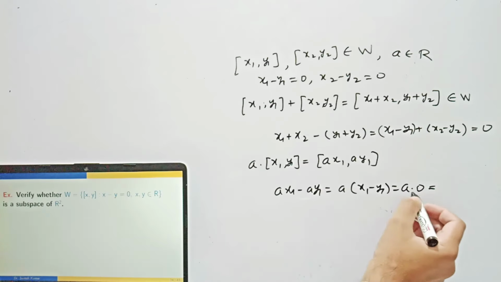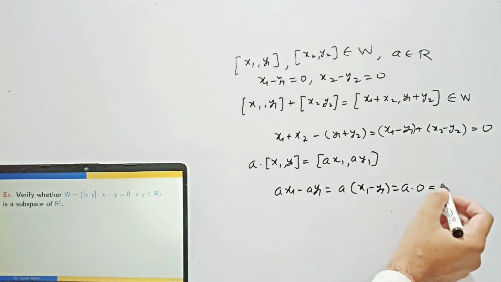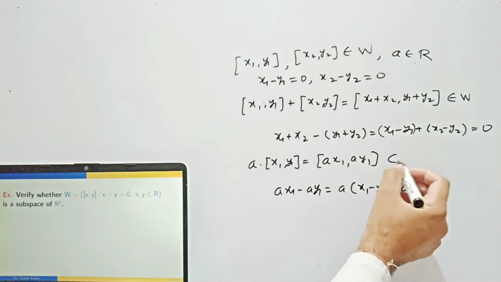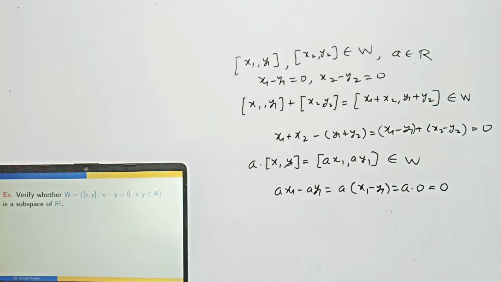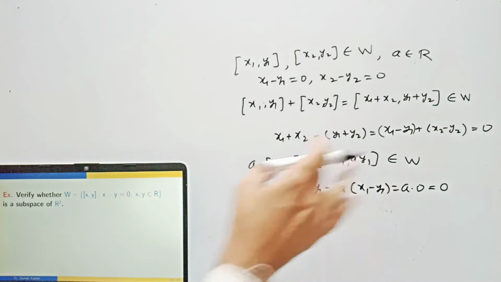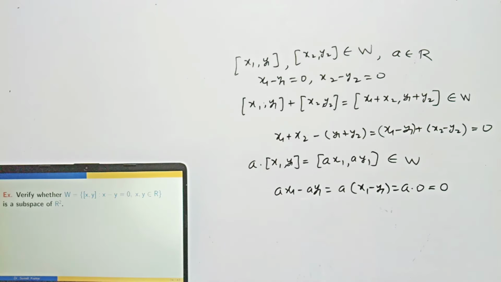Anyway, this is the product of two real numbers, 0. So this belongs to W. Any member in W is an ordered pair where the difference of two entries is 0. Right? So we verified these. It means W is closed with respect to vector addition as well as scalar multiplication. So it is a subspace of R2.